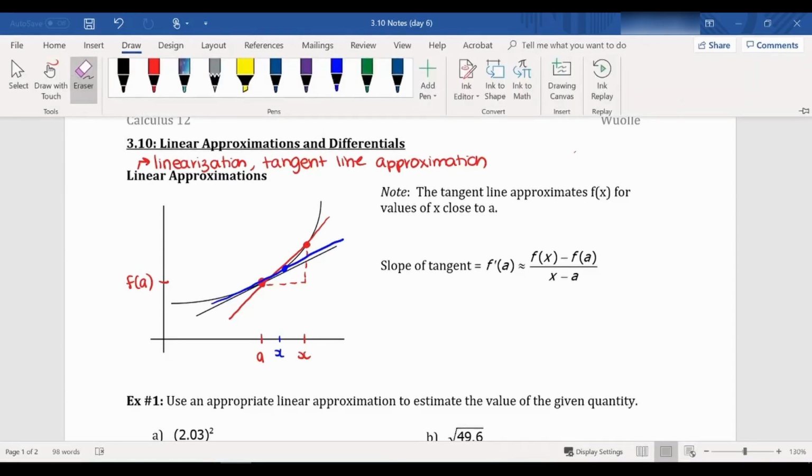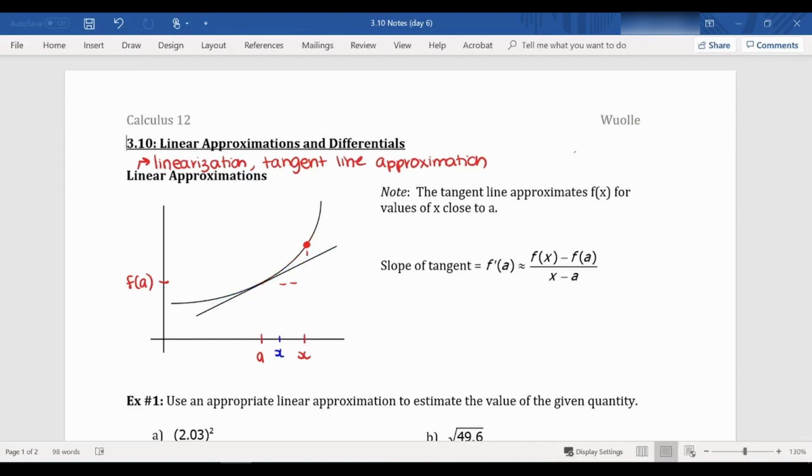So let's just fix up this drawing a little bit here. I have my point A, which is my point of tangency, and I have another point X on my curve. And the slope between those two points, we know from grade 10, would be f of x minus f of a, or a delta y value, change in y, over x minus a, which would be a change in x.